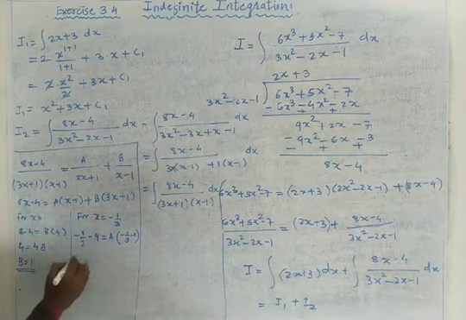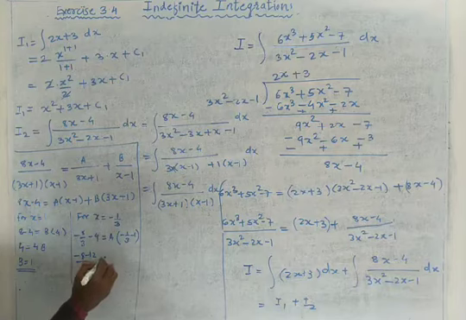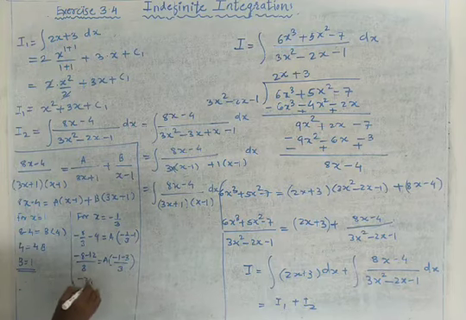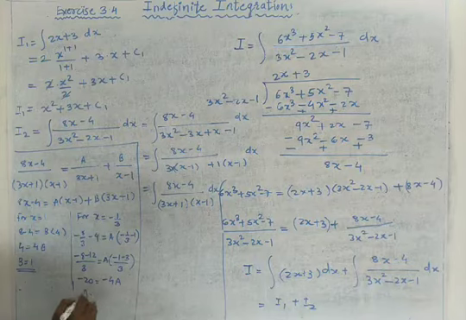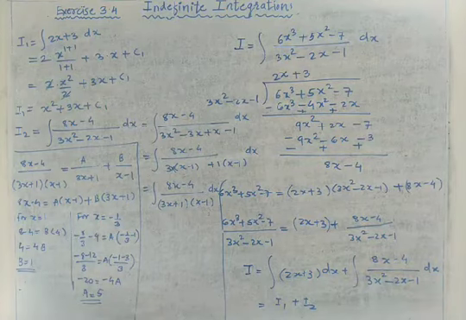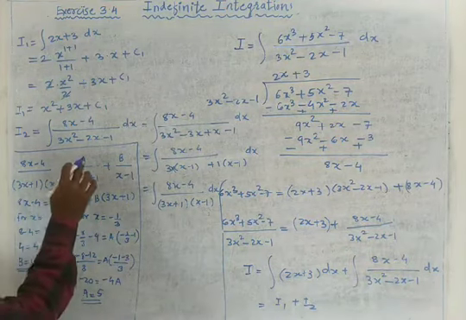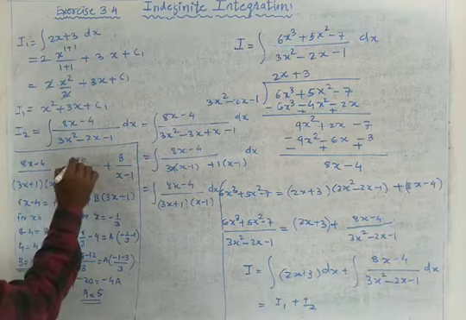Now simplify it: minus 8 minus 12 upon 3 and a into minus 1 minus 3 upon 3, that is minus 20 is equal to minus 4a upon 3. The 3 gets cancelled, so a is equal to 20 upon 4, that is 5. So the value of b is 1 and the value of a is 5.